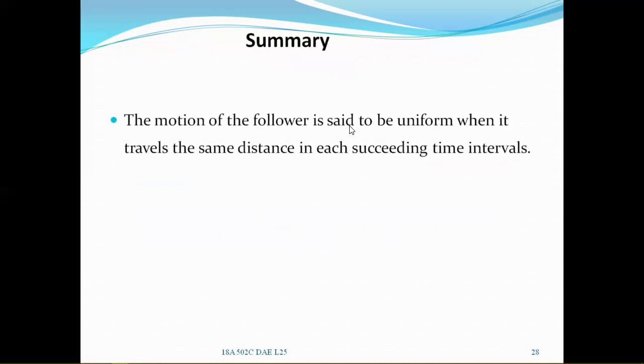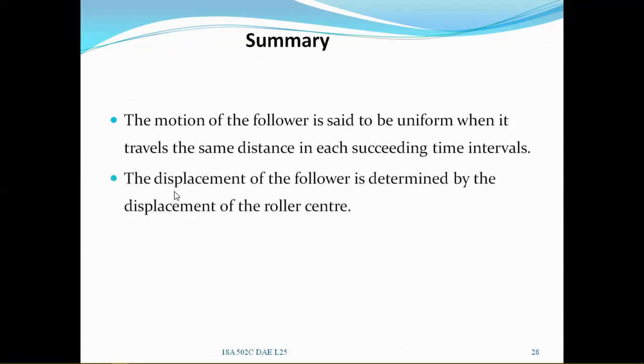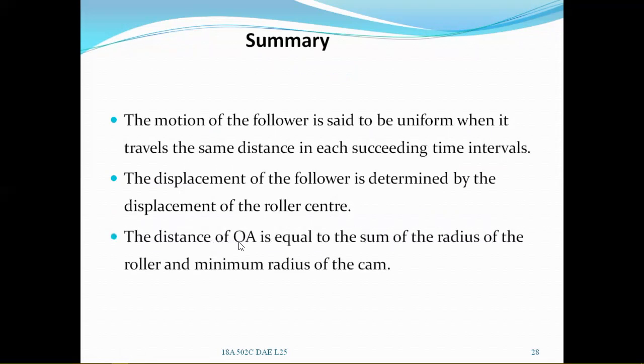The motion of the follower is said to be uniform when it travels the same distance in each succeeding time interval. The displacement of the follower is determined by the displacement of the roller center. The distance OA is equal to the sum of the radius of the roller and the minimum radius of the cam.